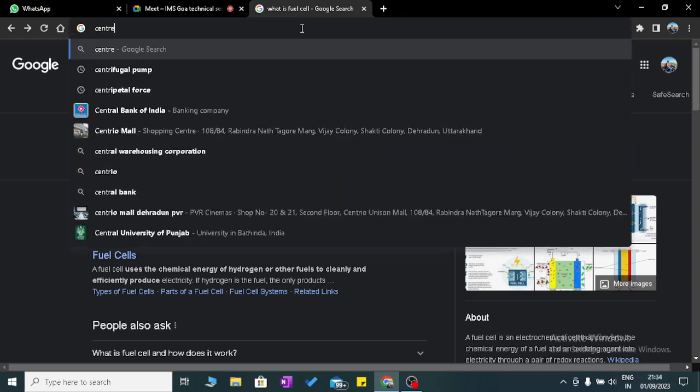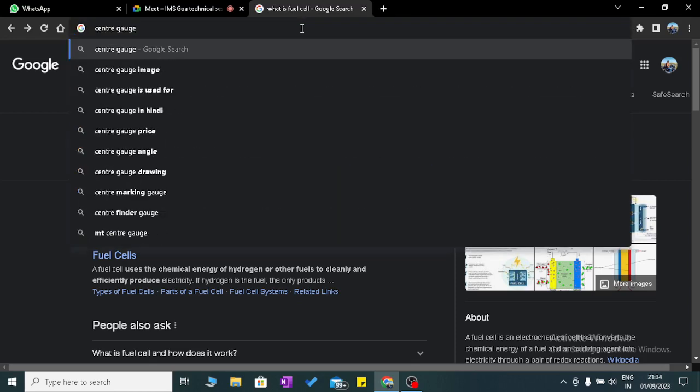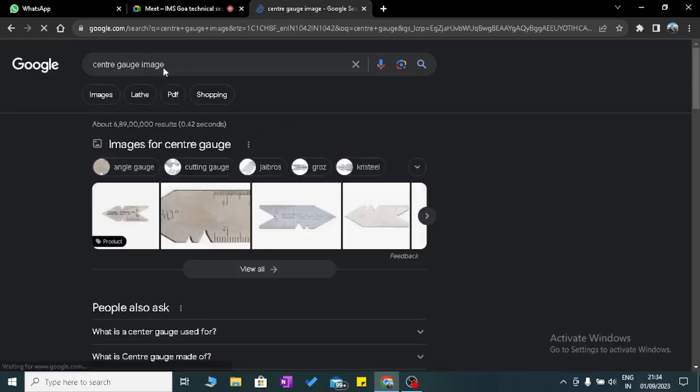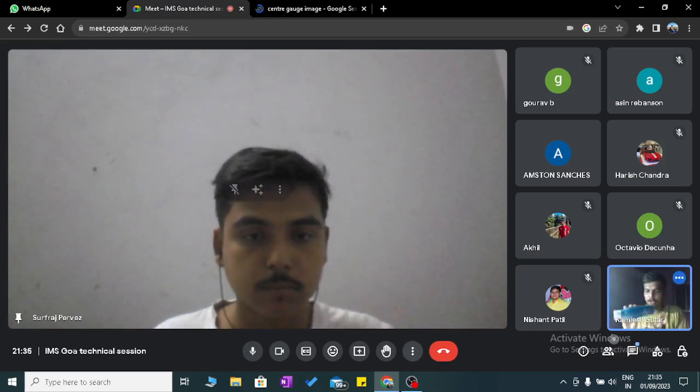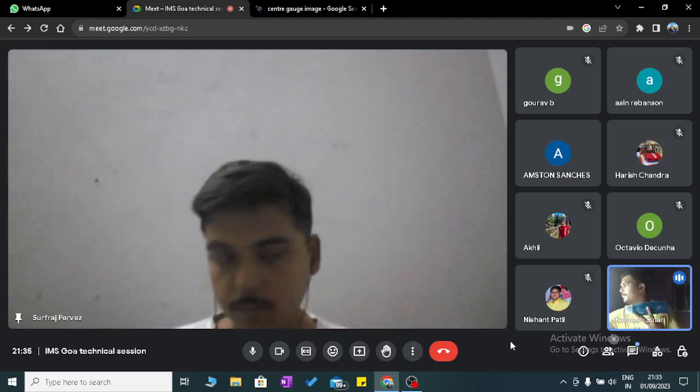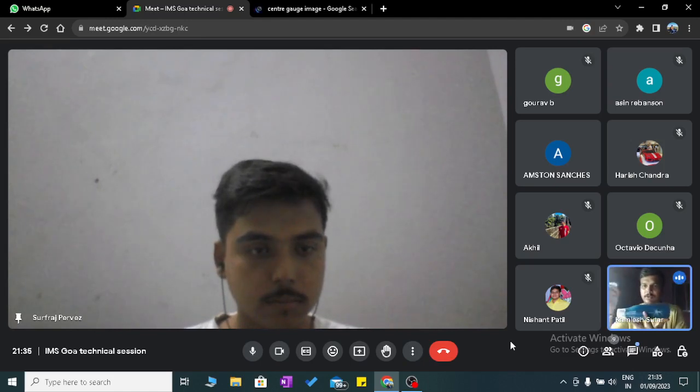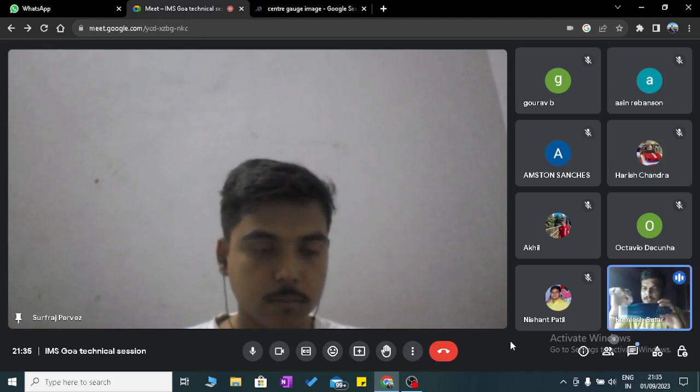I don't exactly know, but what I saw where they were doing it: can you see my video? Let's say this is your job, and this is the center gauge. It will be fitted inside the chuck, and the point of the center gauge will be touching the surface.